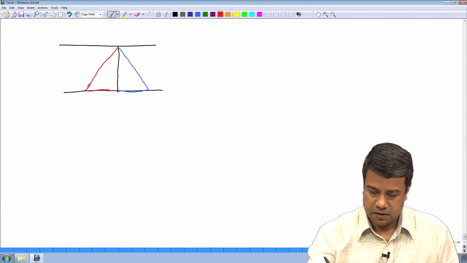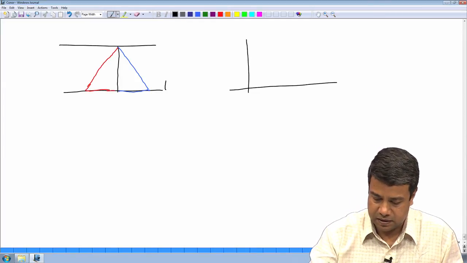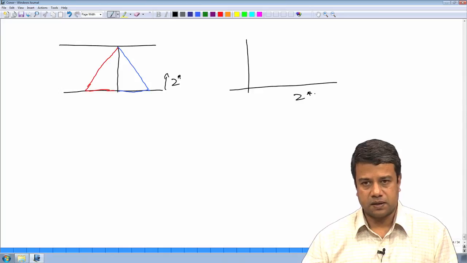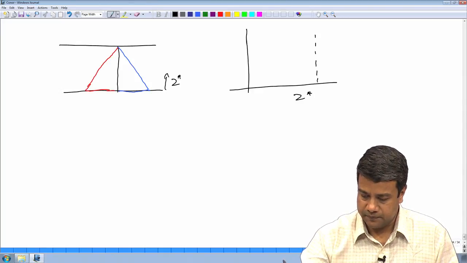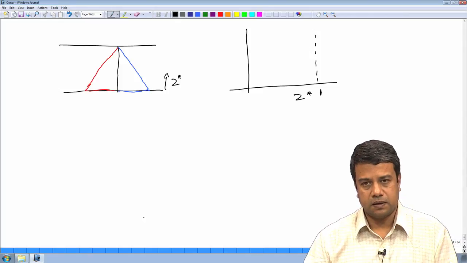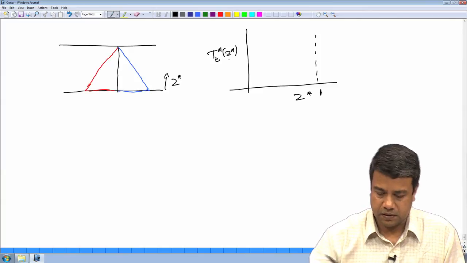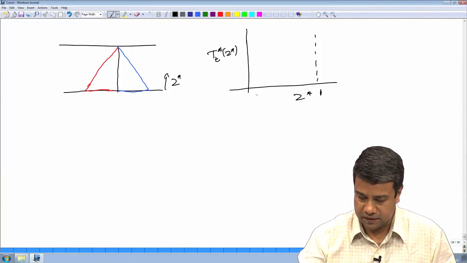So, if I plot this transient temperature, if I take this z star coordinate, as a function of z star, I plot the transient temperature. z star goes from 0 to 1. If I plot t star of z star, I get a function that should actually be negative in this case.